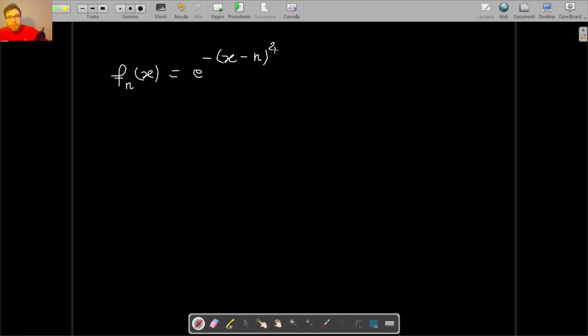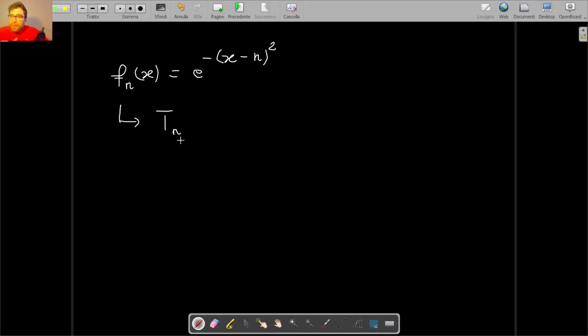So we have (x minus n) squared, and we will have to consider the linear functional associated with this sequence of functions. We will denote it with T_n, and this is a little terminological note that I want to highlight, because I see that a lot of students do not have a very clear concept of linear functional. So basically a linear functional is a linear object that takes functions as input and gives real numbers as output.